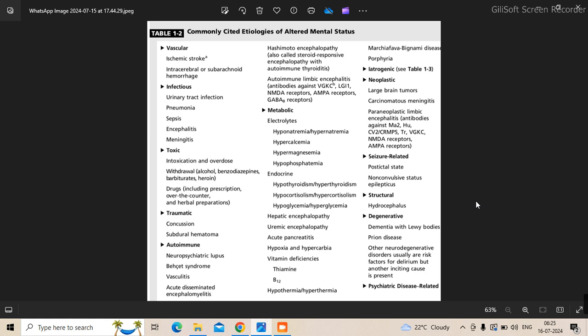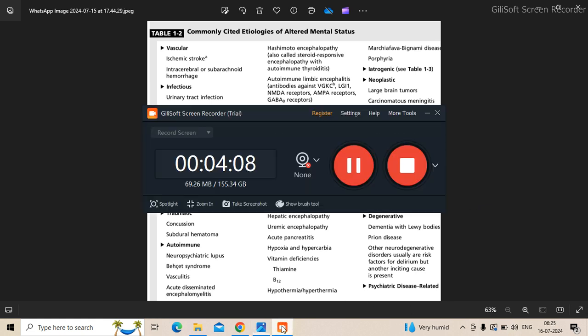Neoplastic causes can be ruled out on MRI or CT. Any history of seizures should be taken because it could be a post-ictal state or non-convulsive status epilepticus. Hydrocephalus will be ruled out on CT, and degenerative causes can be ruled out on history. So this is the list of the causes of altered mental status. Thank you.